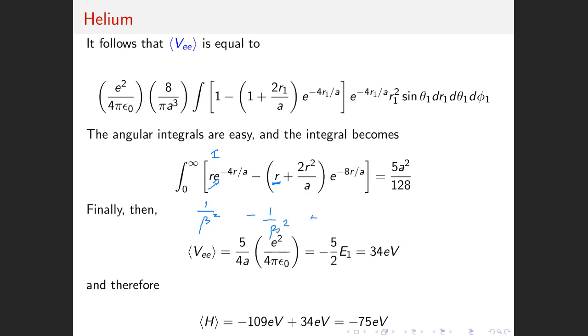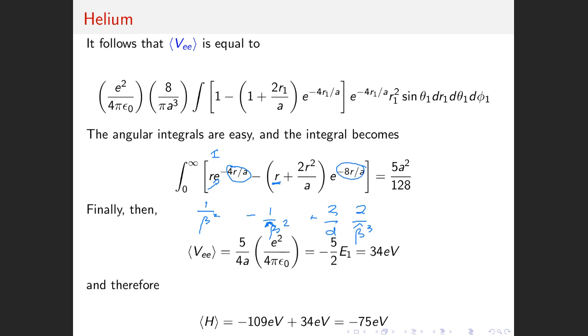This other one gives you 2 over a. There was a 2 there, over beta cubed. Then yeah, this beta is different from the other ones. Beta is this 4 over a there. Beta here is 8 over a.